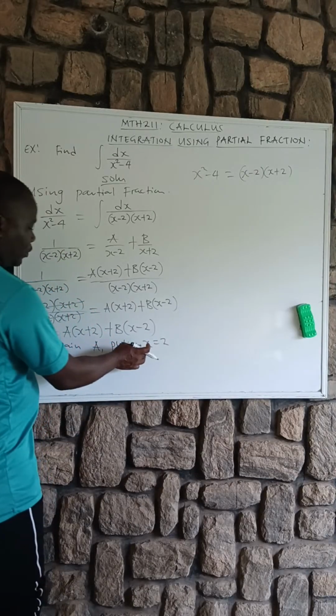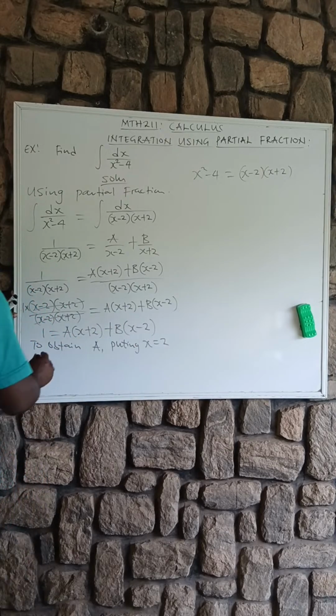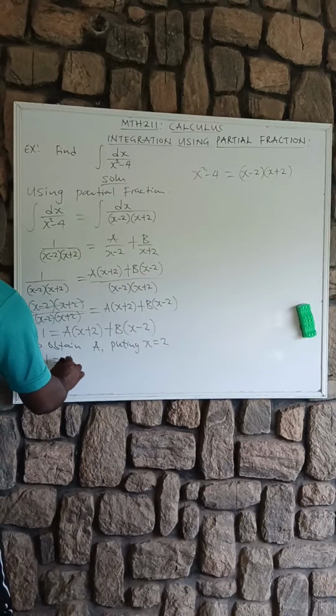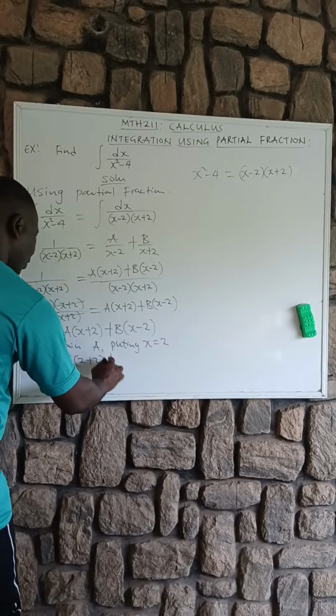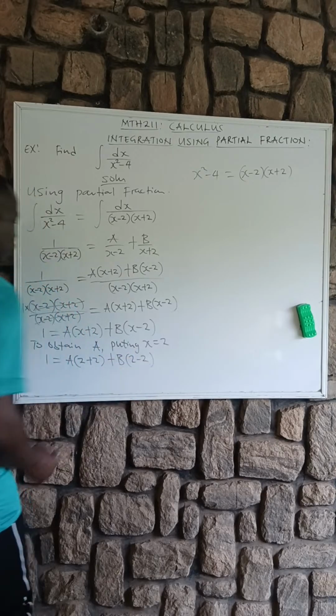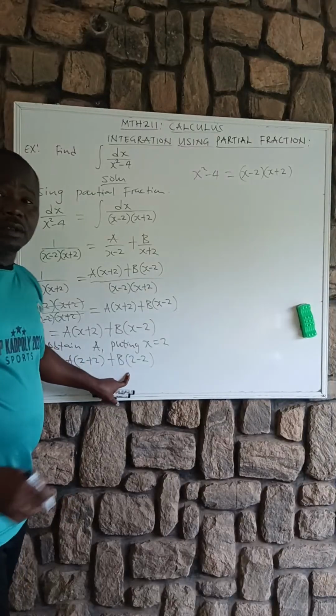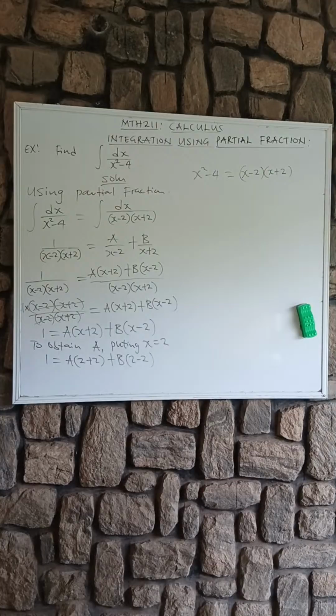So if we substitute x equals 2 here, B will be 0. True or false? We have 1 equals A. Anywhere you see x, you write 2: 2 plus 2, plus B times 2 minus 2. True or false? Here will be 0. Look at the board very well.